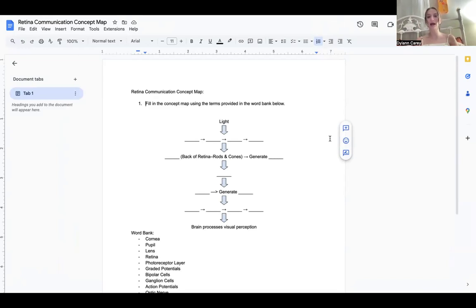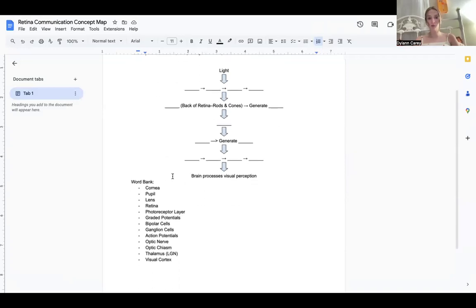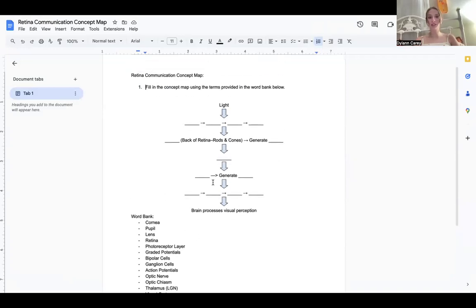So basically how light becomes vision, or what we see. Below here, I just have a word bank of the possible options to put on this concept map, and the answers are at the end of my slideshow.